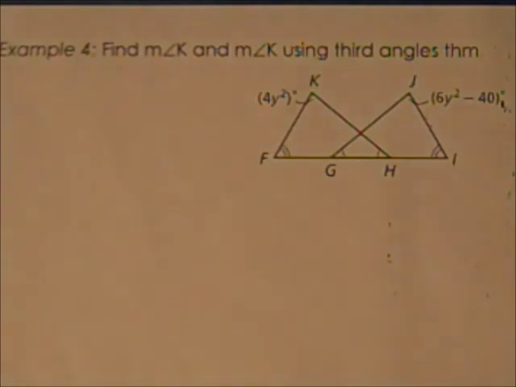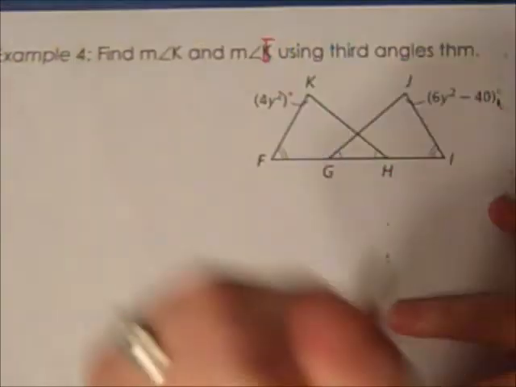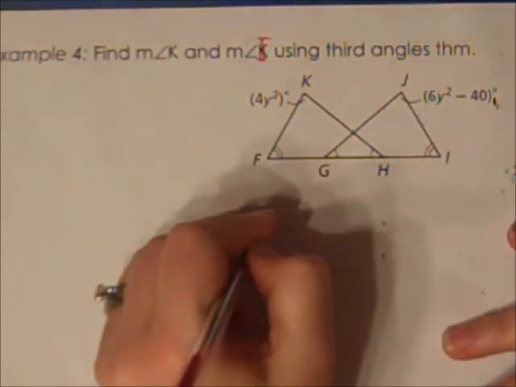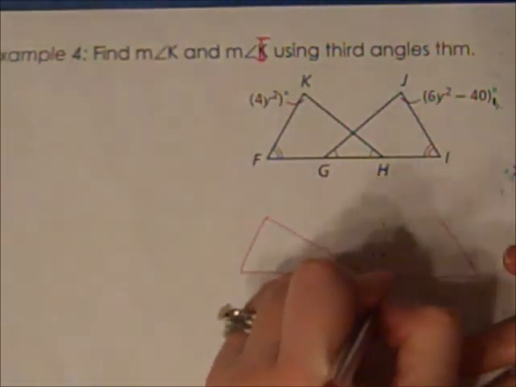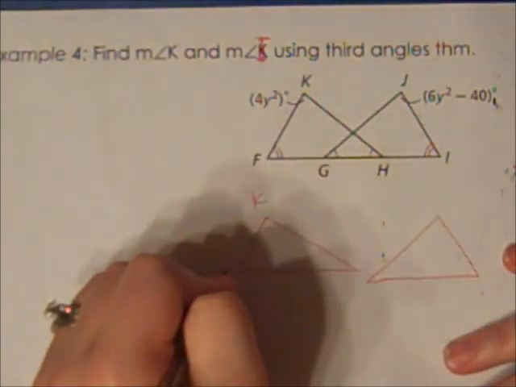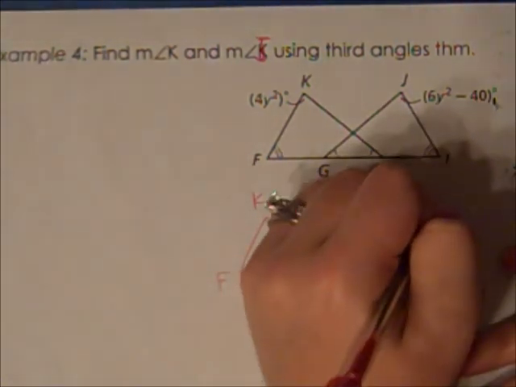All right, find the measure of angle K. I'm guessing this meant to say, and the measure of angle J, using the third angles theorem. We see this a lot with overlapping triangles, and you'll see this more and more coming up. The very first thing you want to do anytime you have an overlapping figure is redraw it totally separate, not overlapping, still facing the same direction and labeled appropriately.